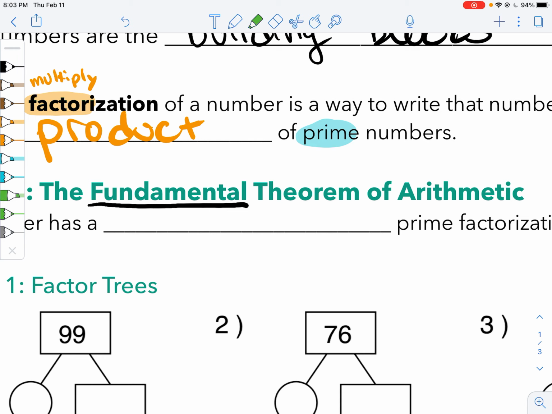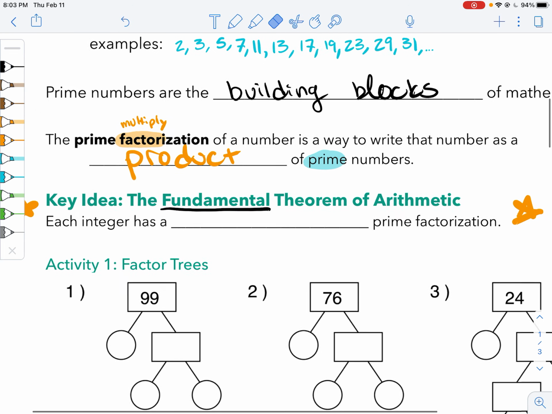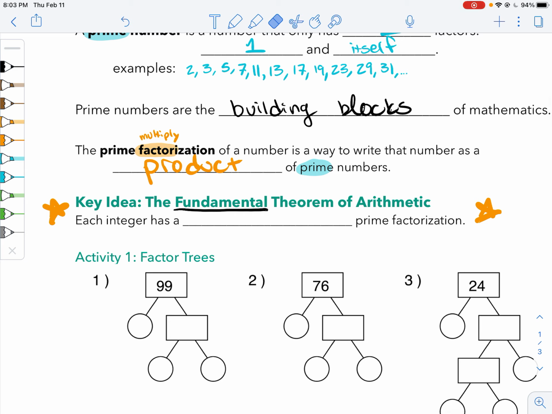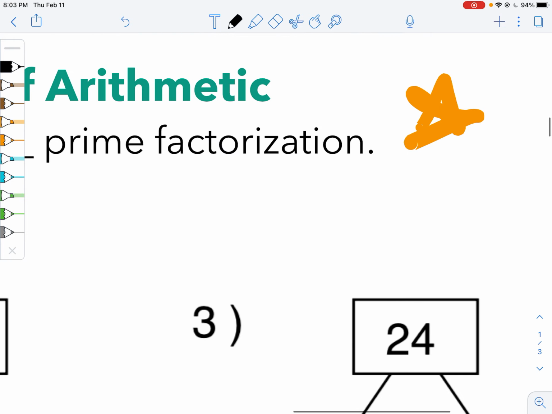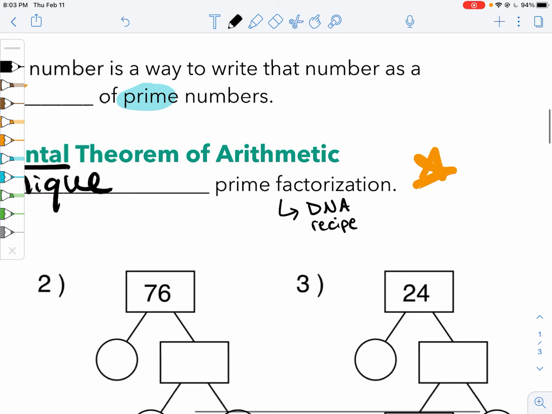It says that each integer has a unique prime factorization. This means that when you write the prime factorization of a number, that's like that number's DNA. It's like a recipe for building that number.